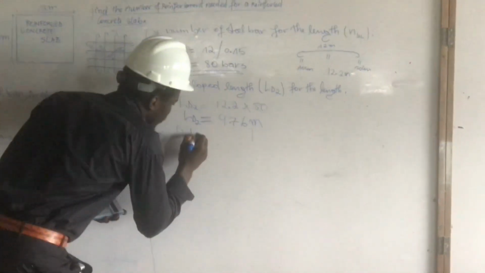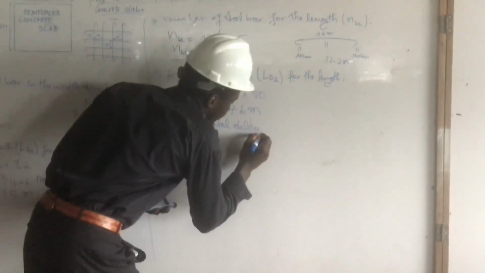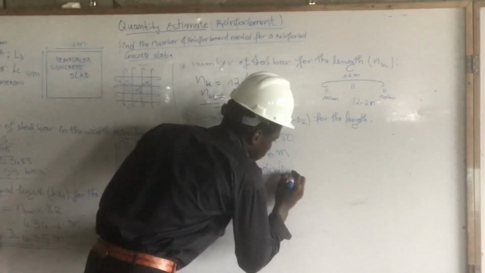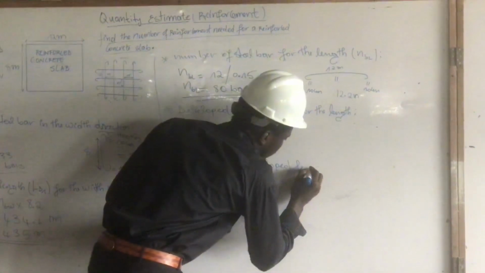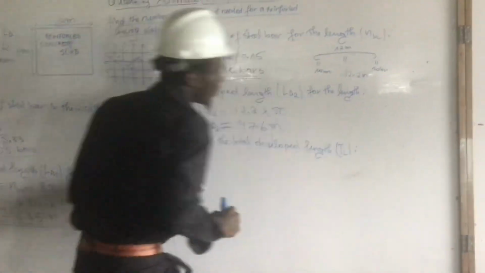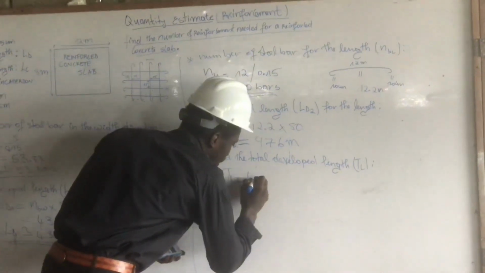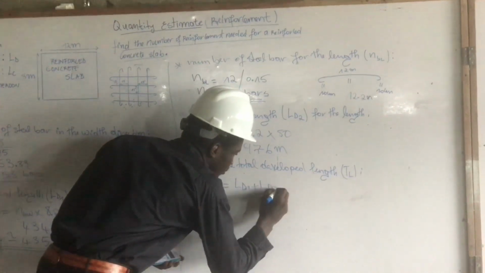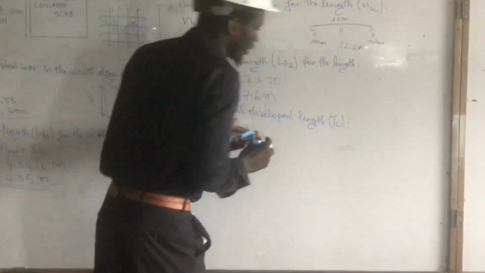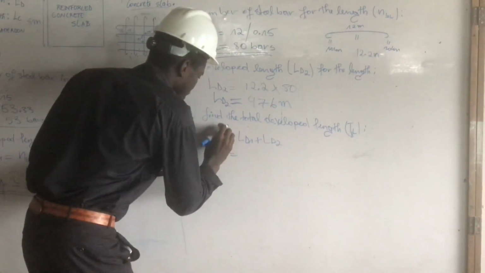TL, the total developed length, or TDL, will be equal to LD1 plus LD2.